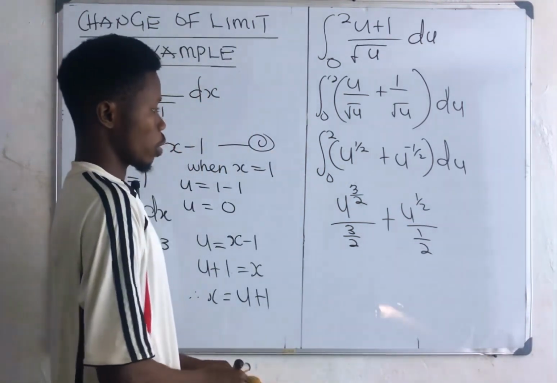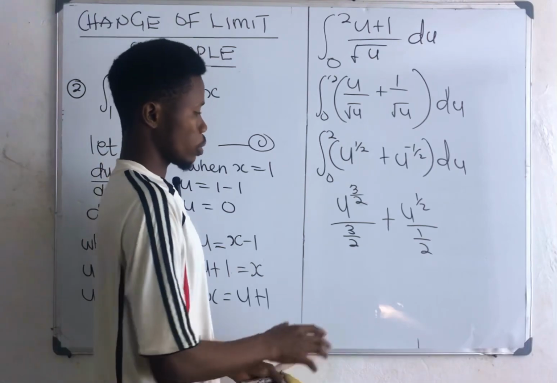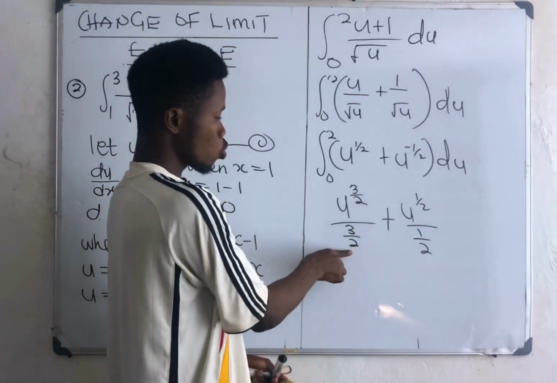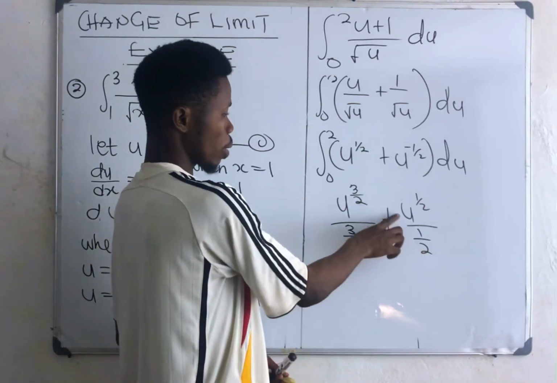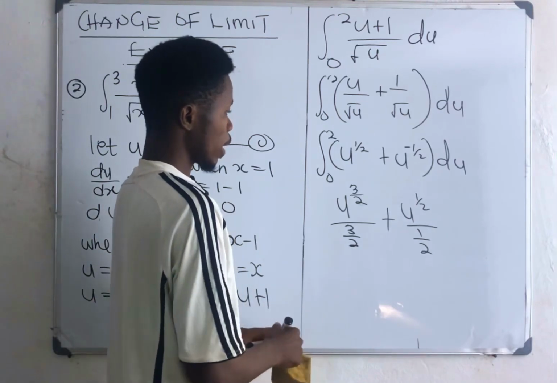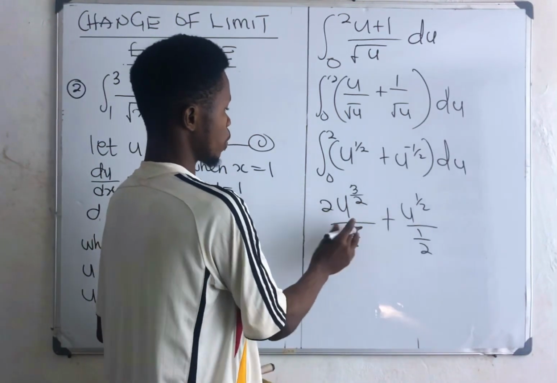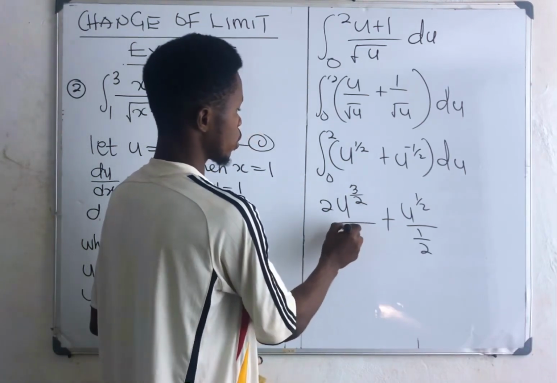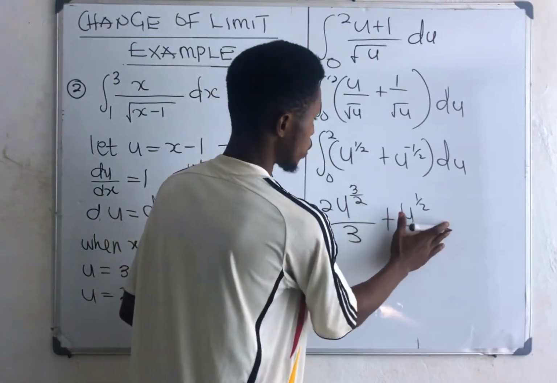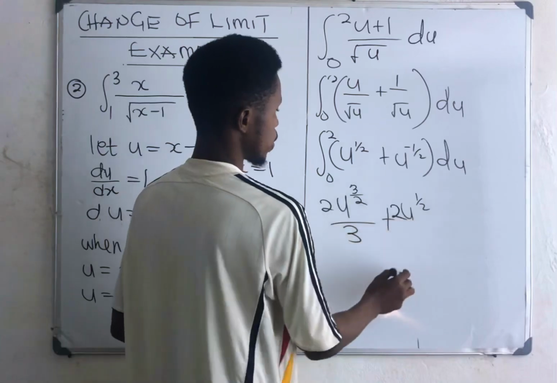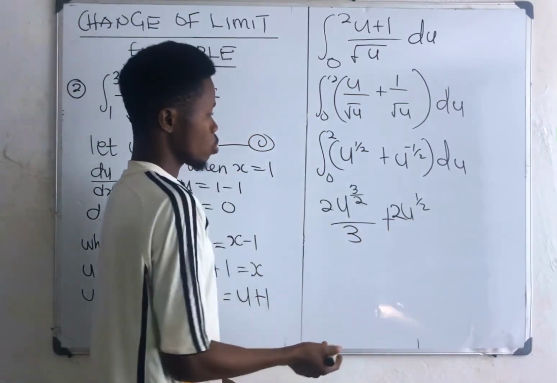Is that okay? So this is what you are going to get. But remember, I have explained this. These two come and multiply this, and these two come and multiply this. So you don't need to be writing this. You can go straight. The 2 multiplies this, so here it will be over 3. And the 2 will multiply this. Here it will be over 1, but there's no need to write that.